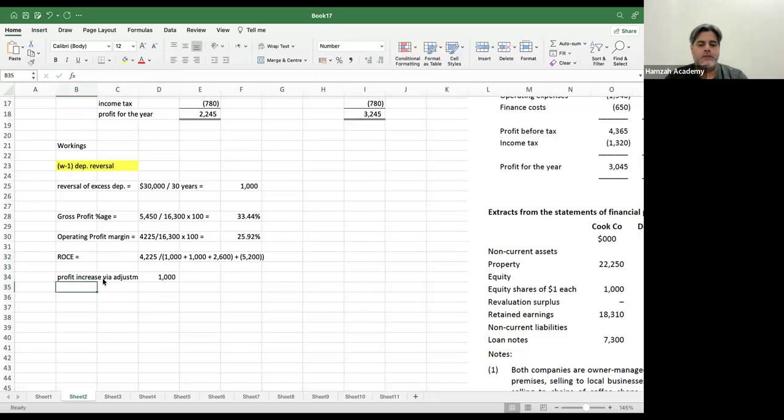Equity is 1,000, and retained earnings are 2,600.